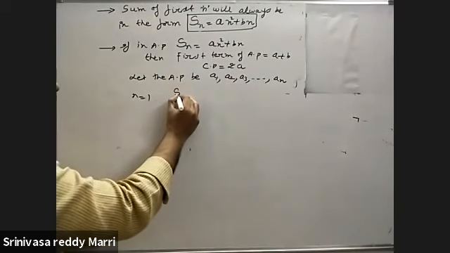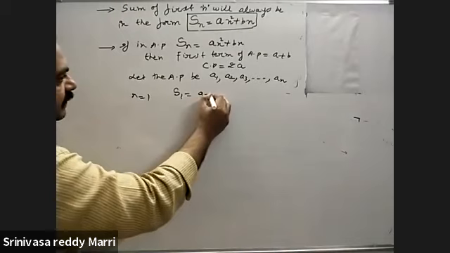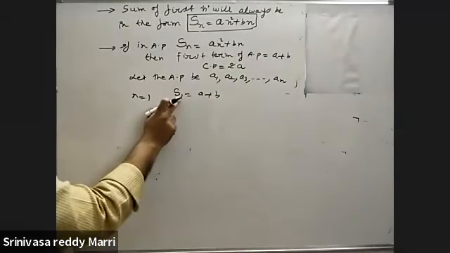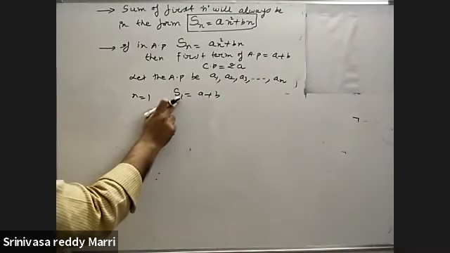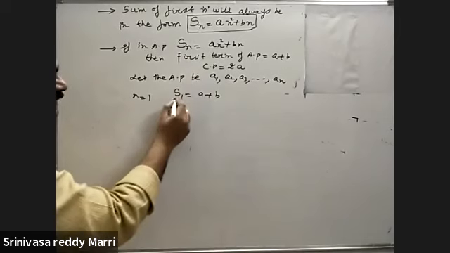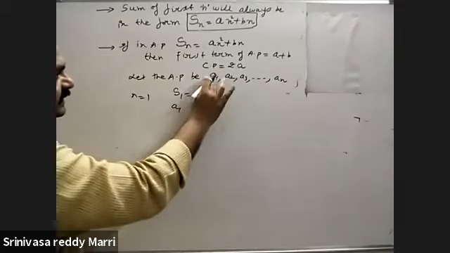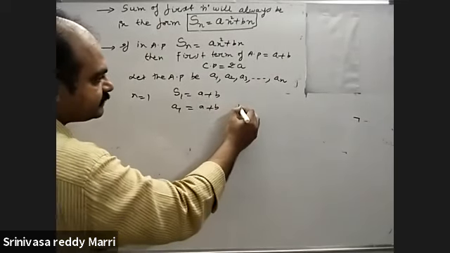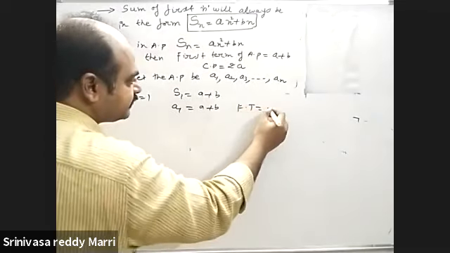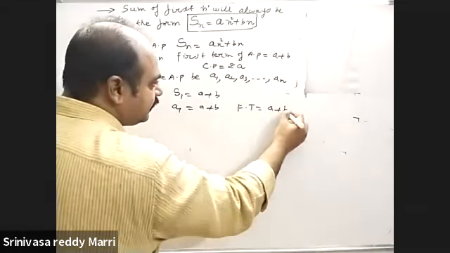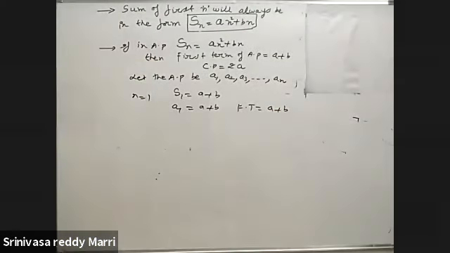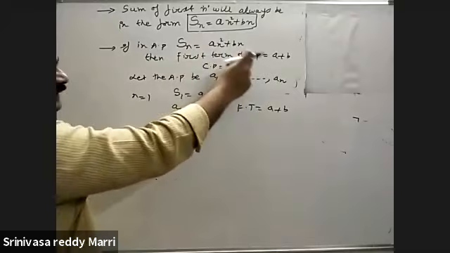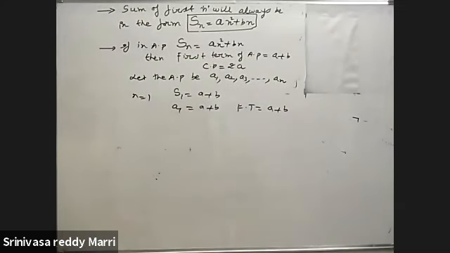S1 is nothing but A plus B. S1 means the sum of only one term, which means S1 is A1. So A1 is A plus B. Therefore, the first term is nothing but A plus B.